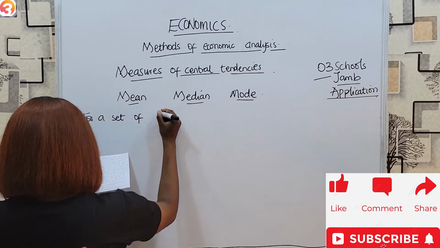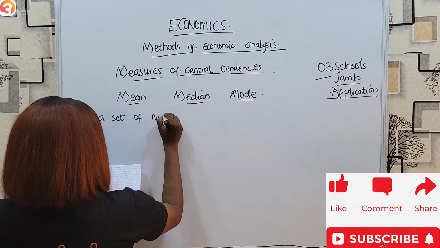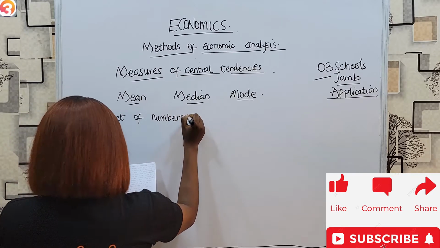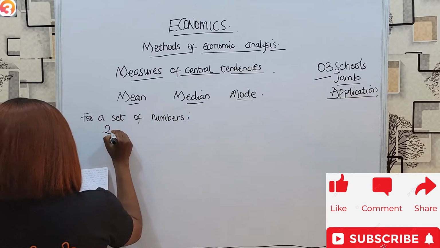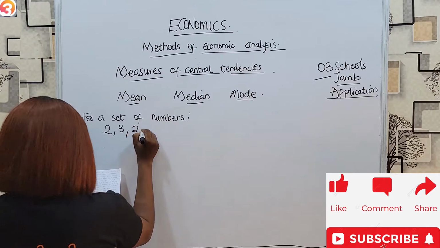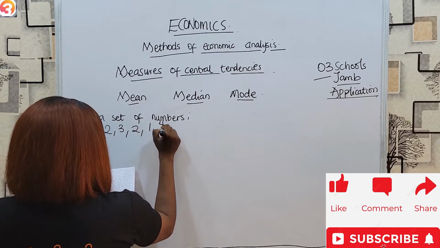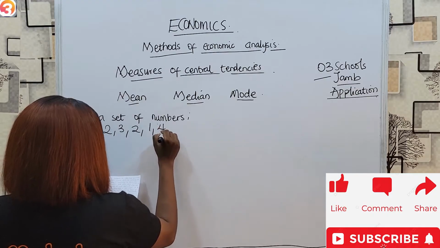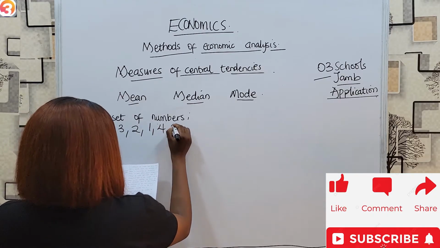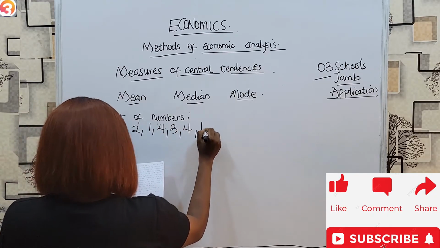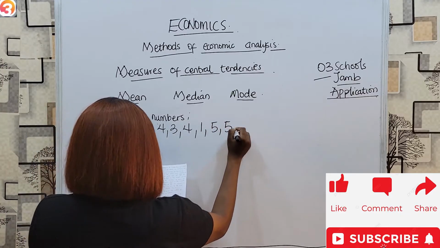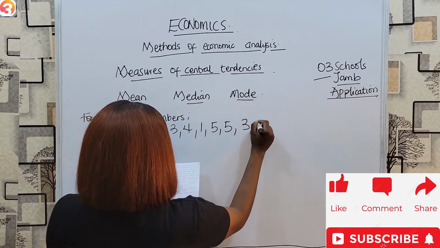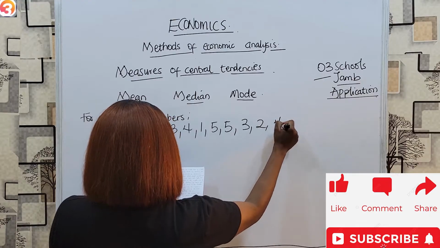For a set of numbers, we have 2, 3, 2, 1, 4, 3, 4, 1, 5, 5, 3, 2, 4.